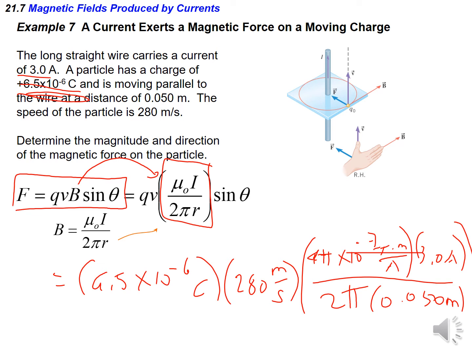So here the answer is 2.18 times 10 to the negative 8 newtons. So here is the answer. And of course, the direction can be identified using the right hand rule.